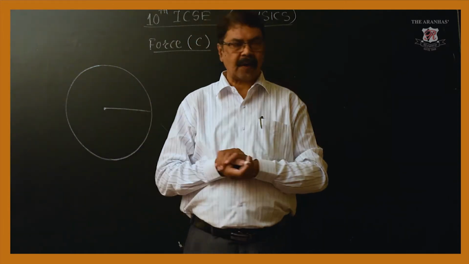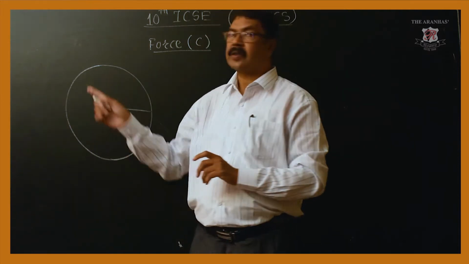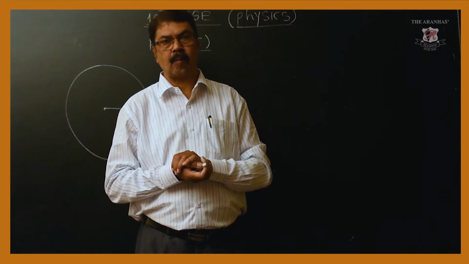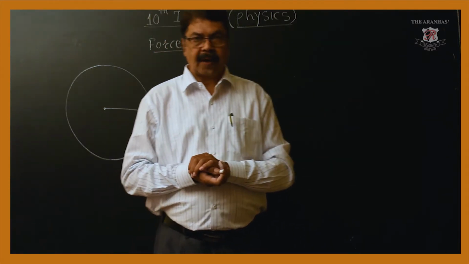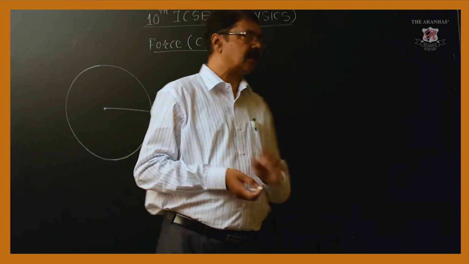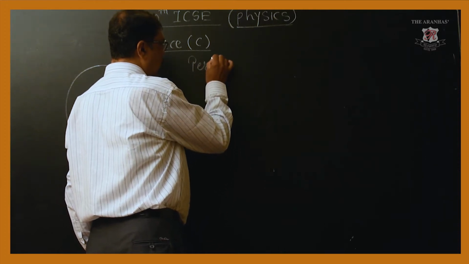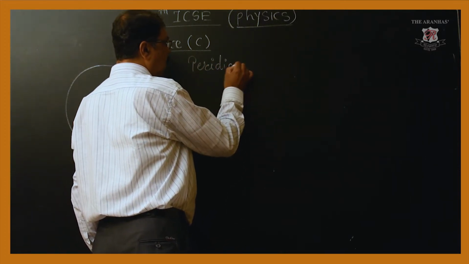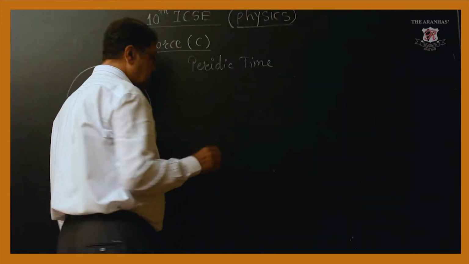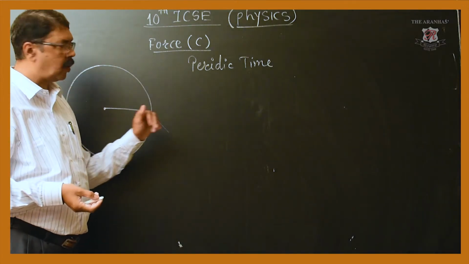So, the first term I have explained: if a particle keeps on moving along the circumference of a circle repeatedly, then it is called circular motion. Whatever time it requires to complete one circle is called the periodic time. So, circular motion and periodic time we have to know.